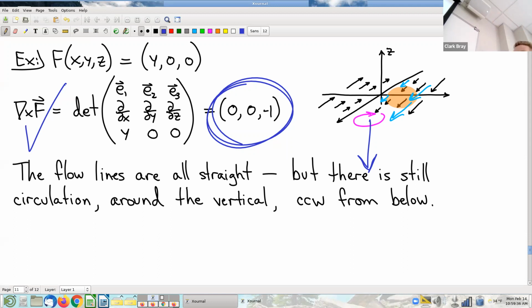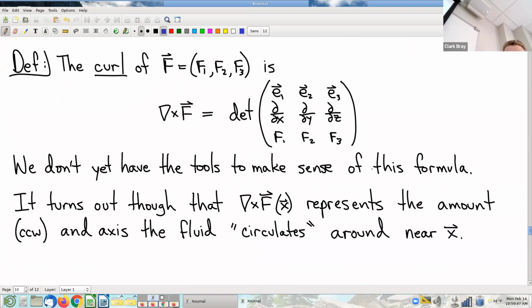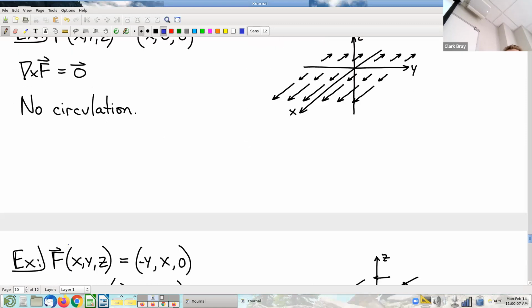So I said counterclockwise from below, and another way to say that is, I guess what I should have said here is counterclockwise as seen from the direction that the curl is pointing. Is that good? Okay. Anybody else? Okay.